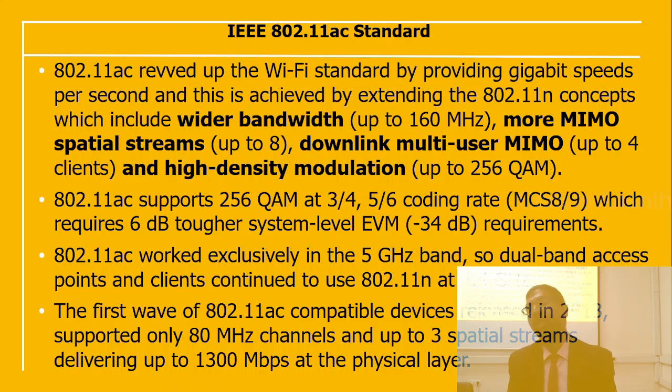Then 802.11ac, the next step. AC revised up the Wi-Fi standard by providing Gbps, gigabits per second, and that has been achieved by extending the 802.11n concepts, which include wider bandwidth, like 160 MHz, more multiple input, multiple output spatial streams up to 8, downlink multi-user MIMO up to 4 clients, and high density modulation 256 QAM.